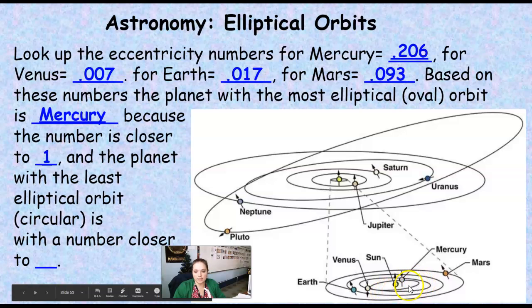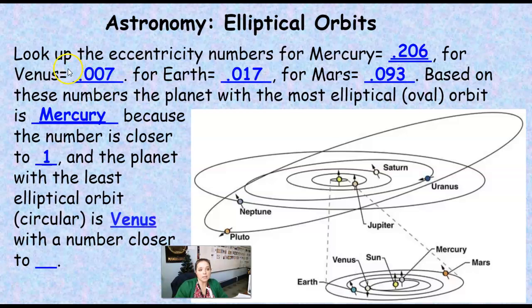Yes, Mercury has that tilt. Yes, it's definitely more elliptical. And the planet with the least elliptical orbit, or most circular, is going to be Venus, because that's a 0.007. Why? Because the number is closer to 0. So 0 circular, 1 elliptical, most oval, a line.